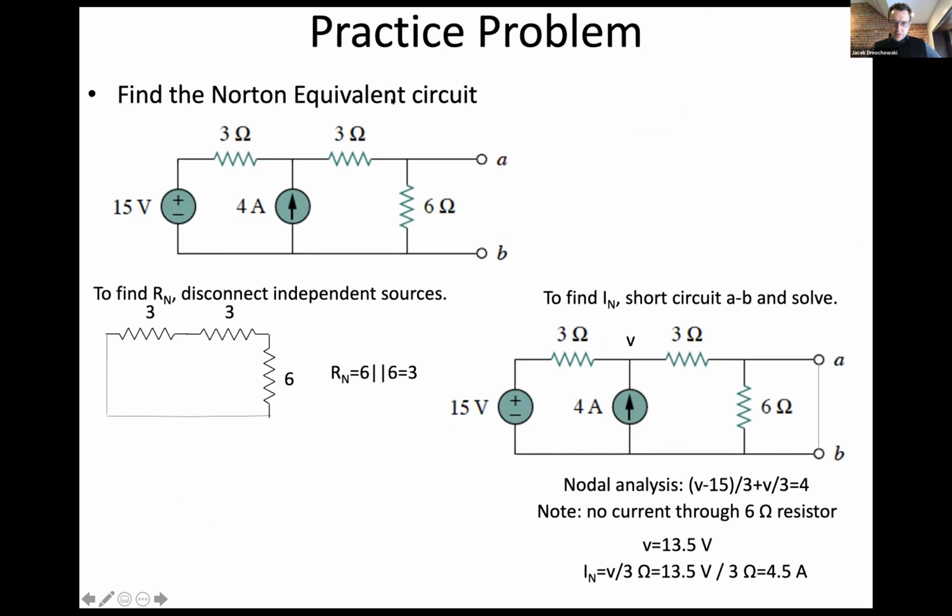So remember, I drew the arrows like this, and like this. All right, so the 4 amps is entering node V. You're welcome. And the (V minus 15) over 3 is exiting, and (V minus 0) over 3 is exiting. So our Norton current is 4.5, and our Norton resistance is 3.